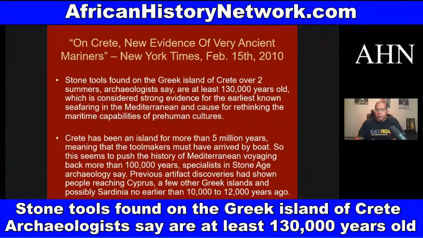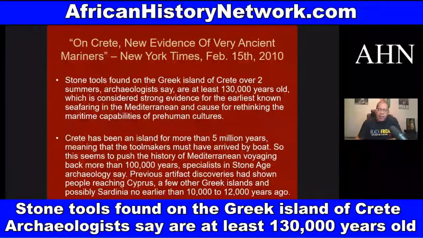It deals with a discovery made over the course of two summers: stone tools found on the Greek island of Crete that archaeologists say are at least 130,000 years old, which is considered strong evidence for the earliest known seafaring in the Mediterranean and calls for rethinking the maritime capabilities of pre-human cultures.